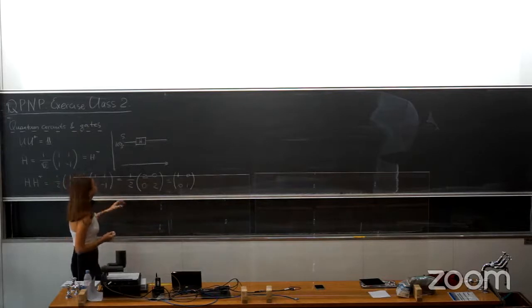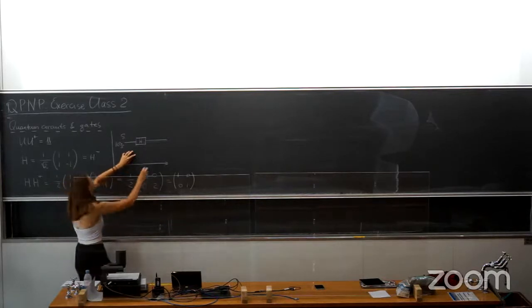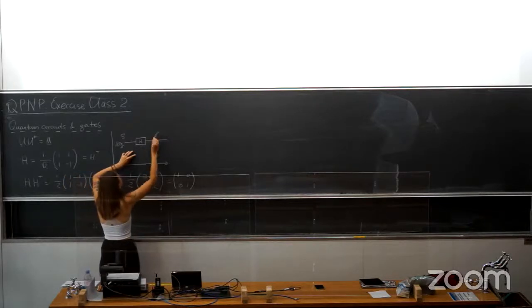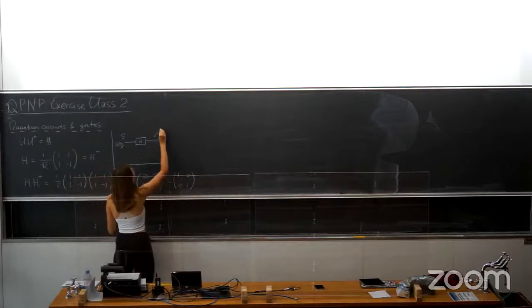Okay, so how do we calculate the action of this circuit? The action of this Hadamard on the system in the initial state 0. For example, we want to know what is the final state of the system.